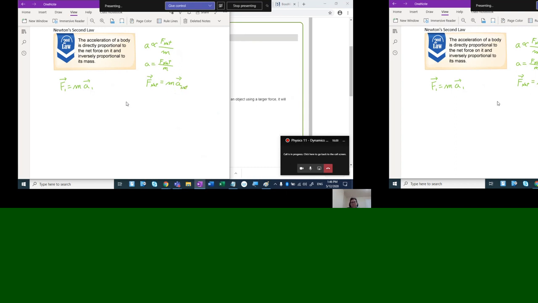In other words, if an object experiences F1, F2, and F3, the sum of the forces, F net, will create a net acceleration, m A net.